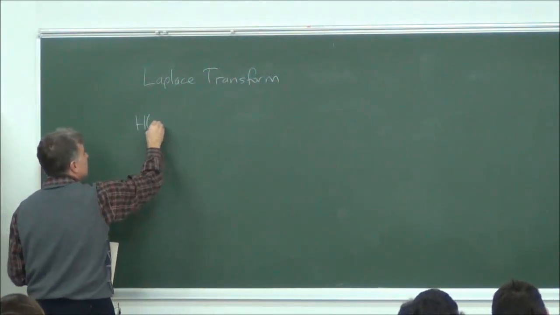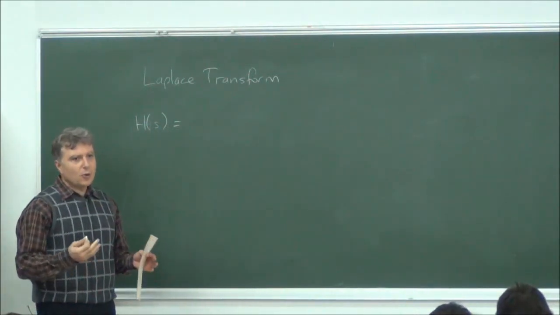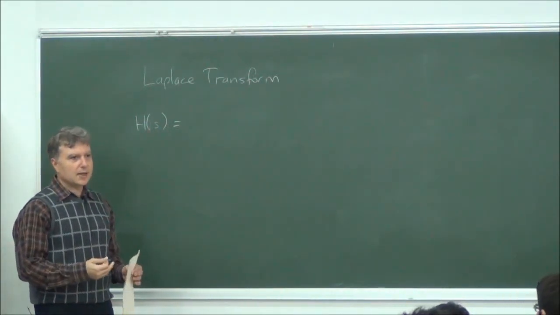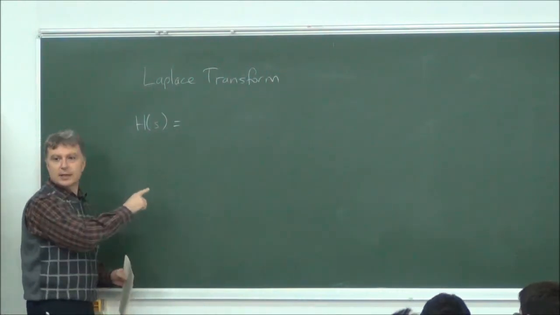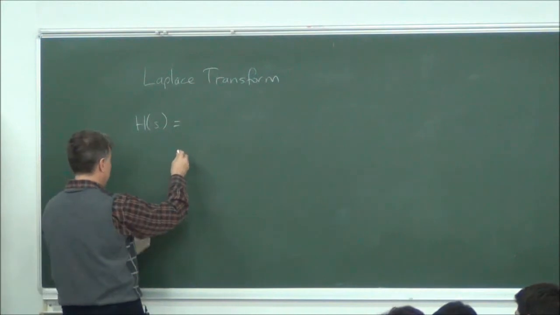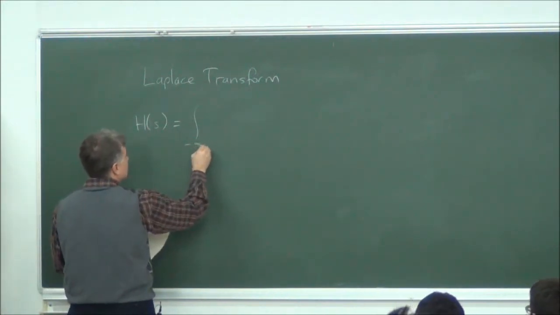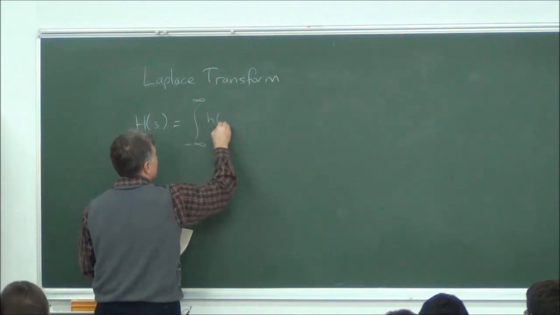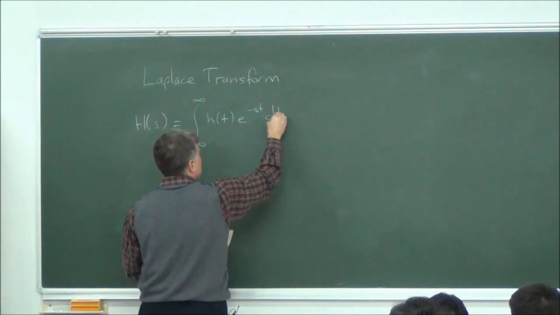Let me immediately give you the Laplace transform definition because we are quite familiar with Laplace transforms, I guess, from differential equations. That is the notation of s that we have here, and the definition is the integral from minus infinity to infinity of h(t) e^(-st) dt.